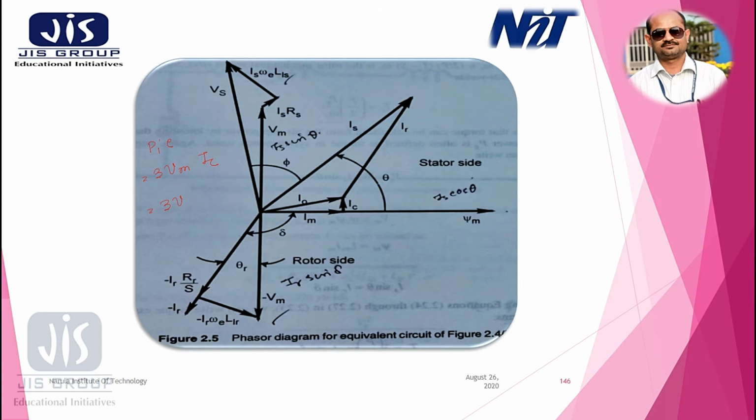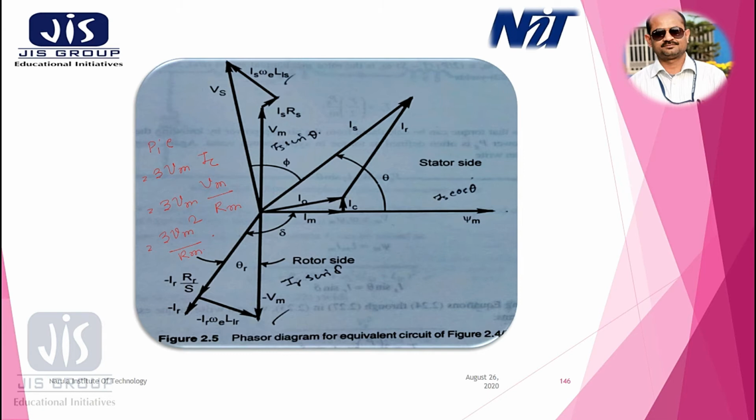We did this at the start of our lecture. IC is nothing but the voltage VM, the counter EMF, divided by the resistance RM. So it becomes 3 VM square by RM. So this is my core loss.